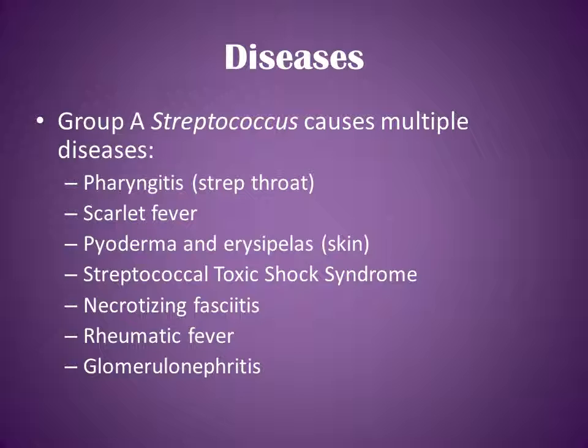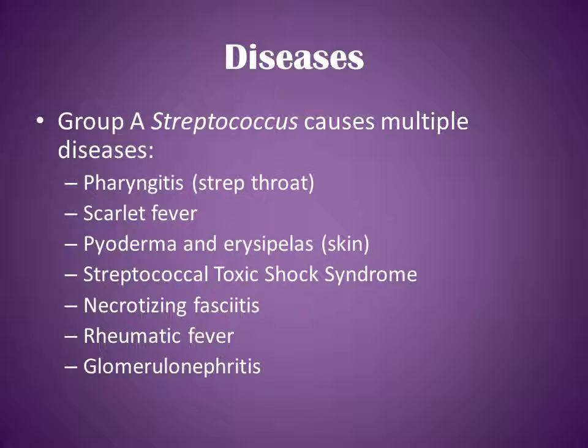Group A Streptococcus causes a number of diseases, but one that you'll be most familiar with is pharyngitis, also known as strep throat. So when you have a fever and a headache and you just feel yucky, and you also have those red swollen lymph nodes and those purulent abscesses covering your tonsils, you may have strep throat.